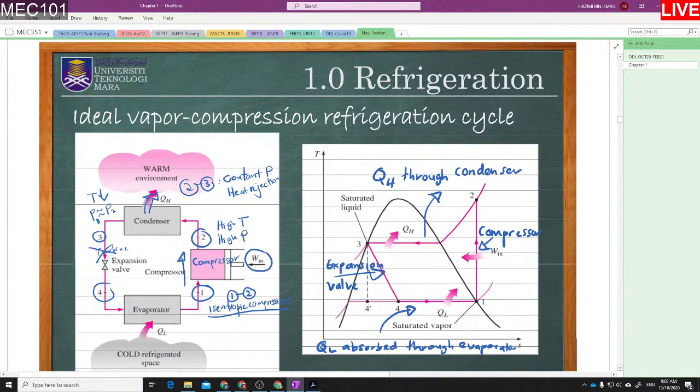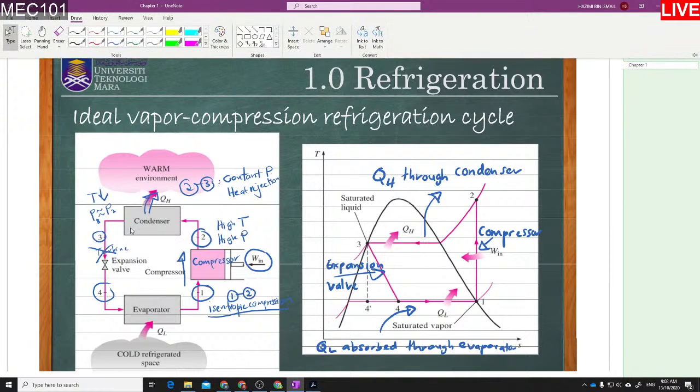So they eliminate the turbine from the system and replace it with the expansion valve. The expansion valve is the device to reduce the pressure without giving any work output. Okay, so remember the expansion valve instead of the turbine. So I erase the turbine here.